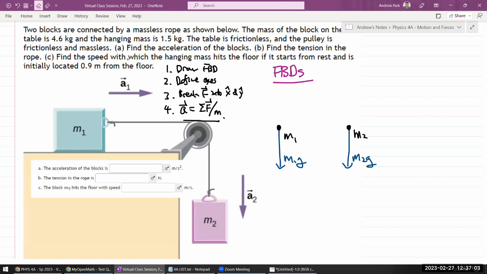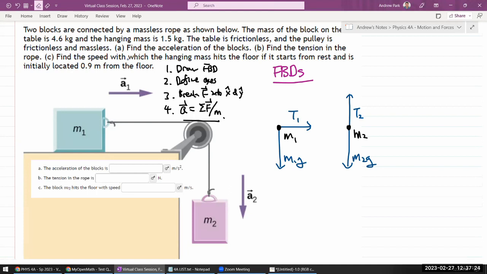So let me draw the tension force on the first block, T1, and the tension force on M2, T2. You always draw tension along the direction of the string, pulling away from the point where it's attached. And then you ask the question, did I draw all the forces?